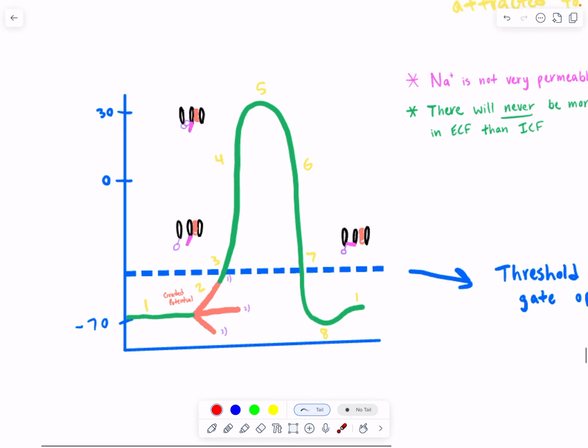So what happens is that we have an influx of sodium or calcium or something that raises the resting membrane potential, and then it hits threshold. And so once it hits threshold, a bunch of voltage-gated sodium channels open.